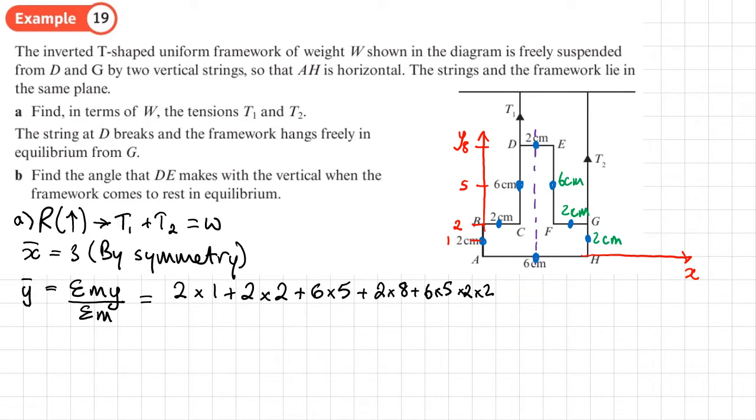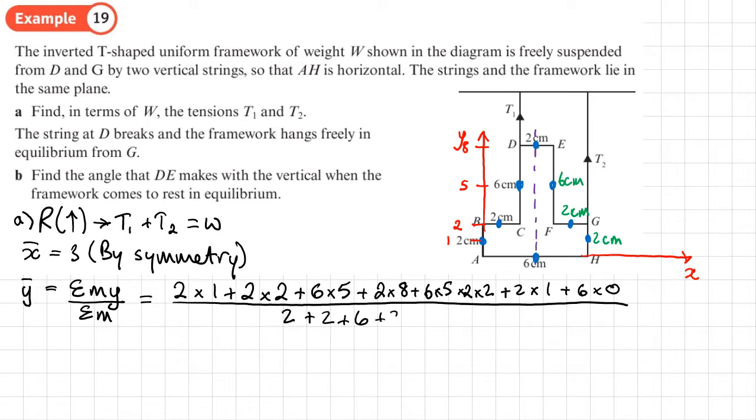We're now on to GH, which is length of 2, center of mass 1, and then lastly HA or AH, length 6, center of mass 0. It's quite a long calculation, and we'll divide that by the sum of the masses, which is basically the sum of the lengths. So 2 plus 2 plus 6 plus 2 plus 6 plus 2 plus 2 plus 6.